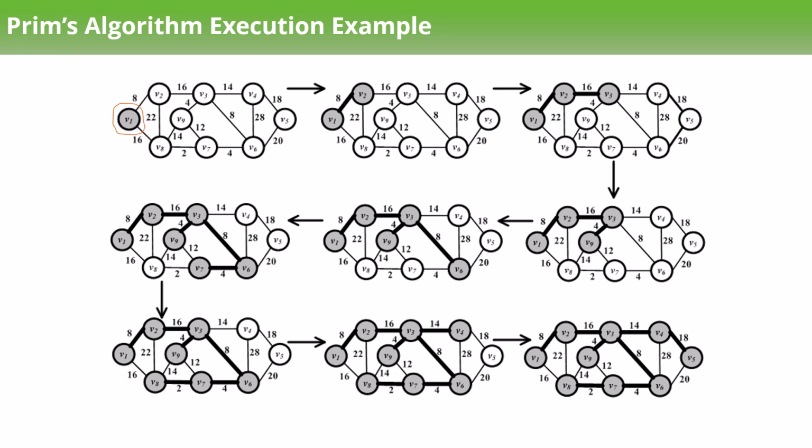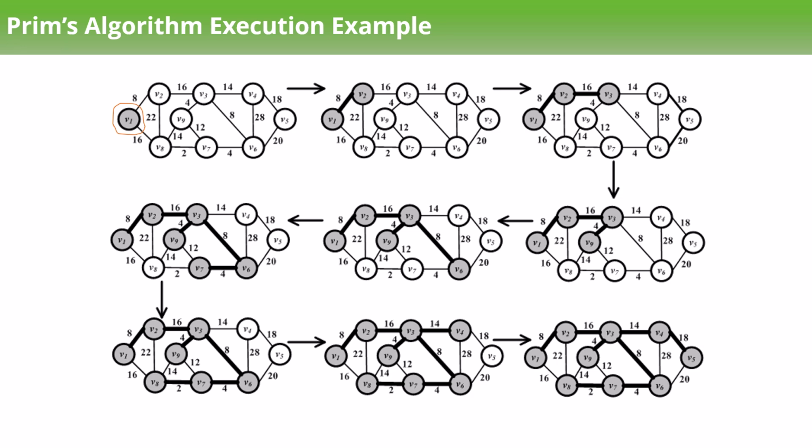V1 to V2 is 8 and V1 to V8 is 16. Here the minimum weight is 8. So select the vertex V2. So include the edge, and now in our minimum spanning tree there are two vertices V1 and V2.